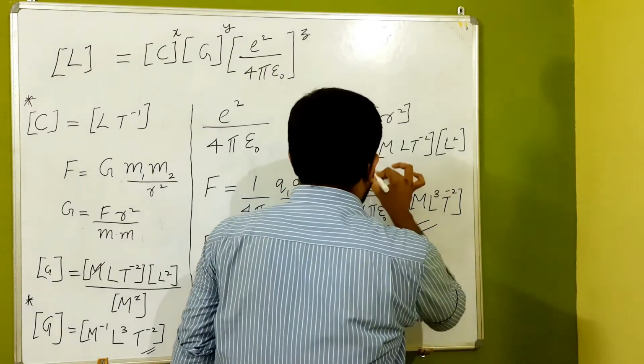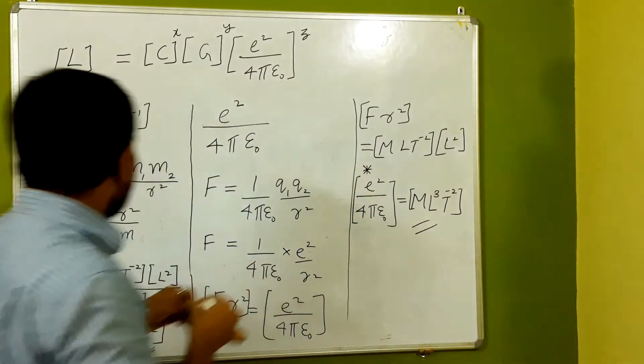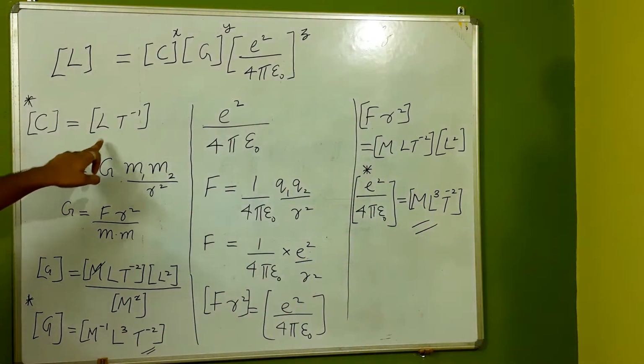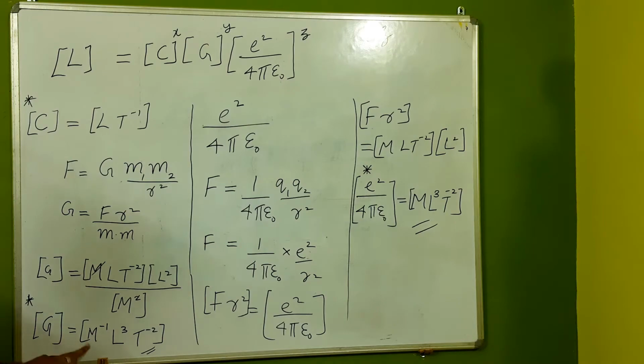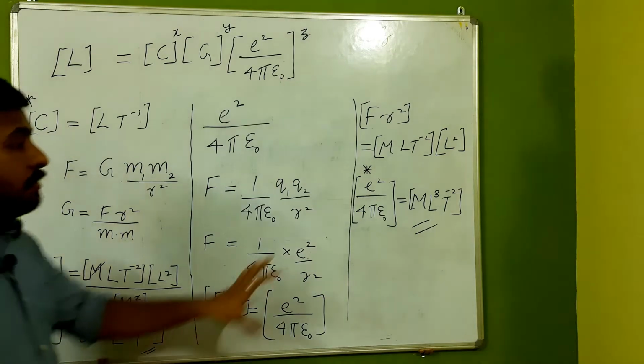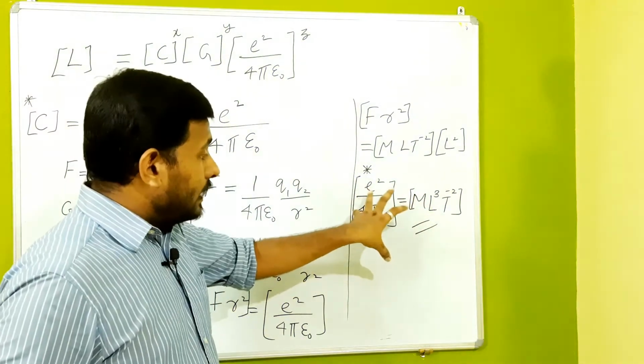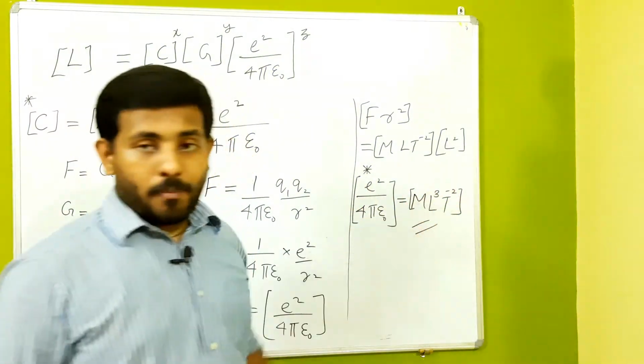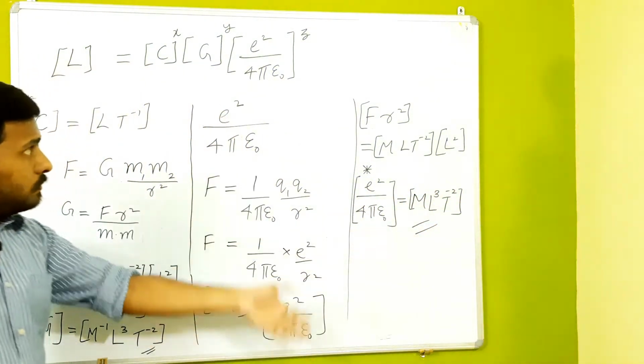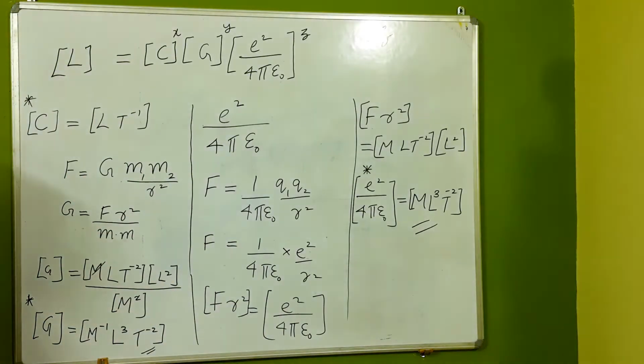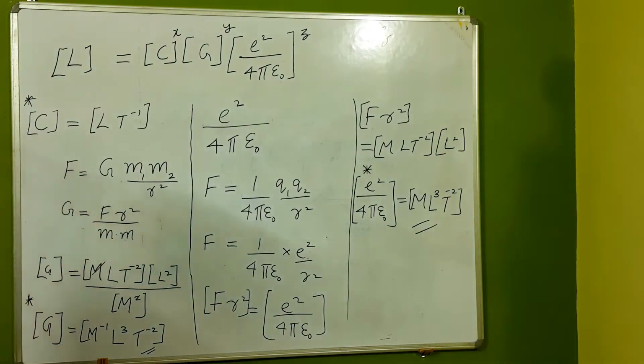So we have found out the dimensions of c, that is L t raised to minus 1, G, that is m raised to minus 1 L cube t raised to minus 2, and we found out the dimension of e square by 4 pi epsilon 0. So please note it down, and after that we will proceed.